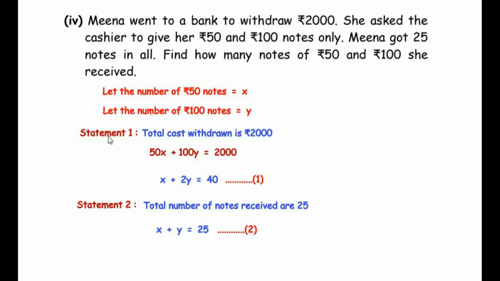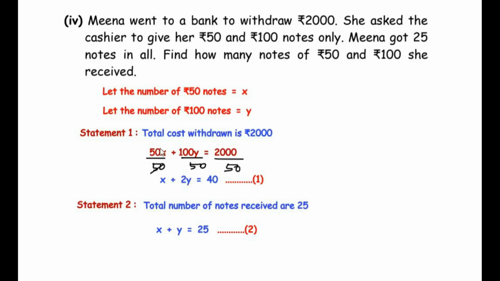Now the first statement is she received a total amount of 2000 rupees. So here the total cost withdrawn is x number of 50 rupees notes plus y number of 100 rupees notes, and the amount together she is going to receive is 2000 rupees. Now here we can divide each term of this equation by 50. So 50 over 50, 100 over 50 and 2000 over 50.